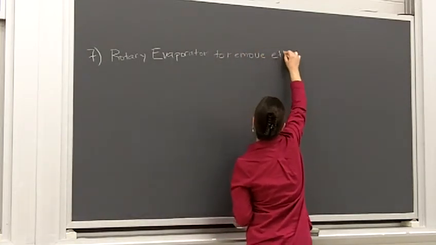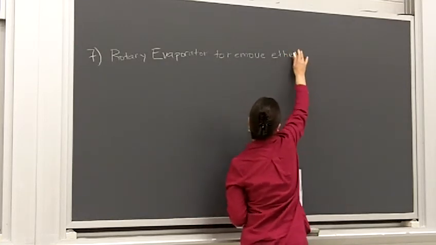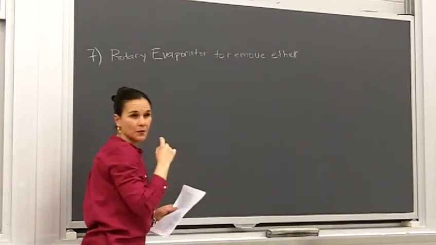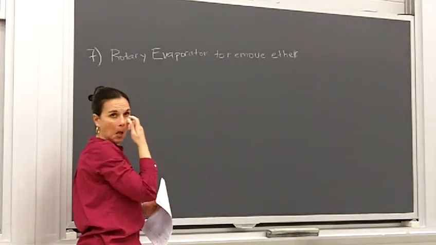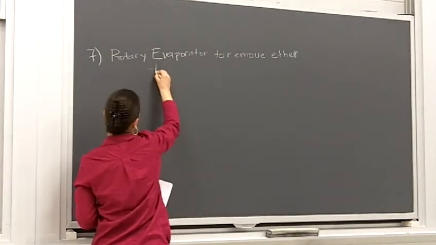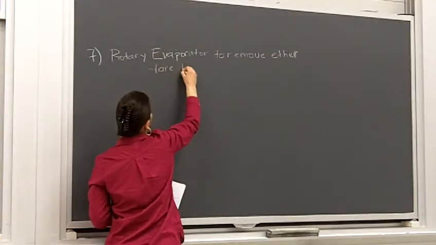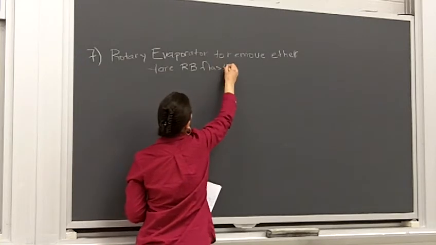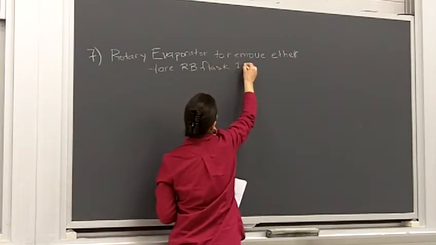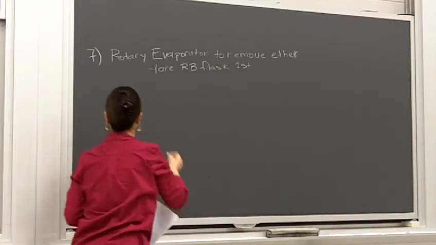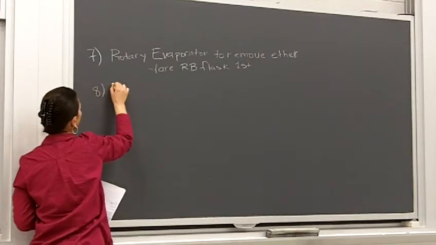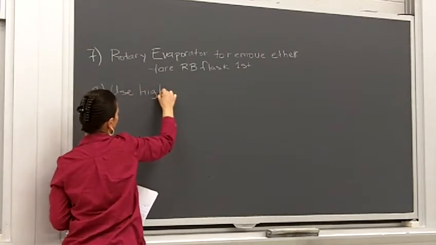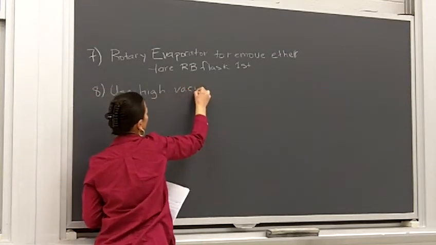What's a good idea whenever you go to Rotavac with your round bottom, so you know how much it weighs? Tare the round bottom flask, right? Okay, and then just like we did last week, we'll use the high vacuum pump to remove residual solvents.